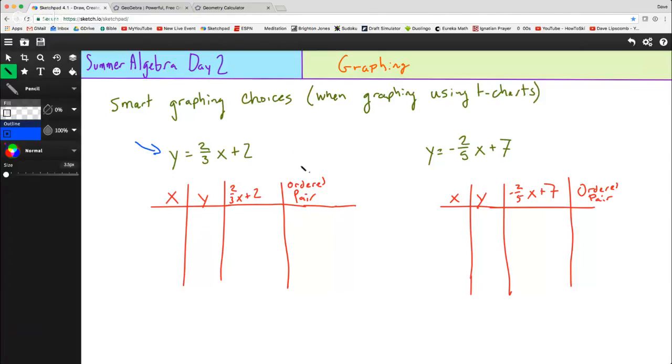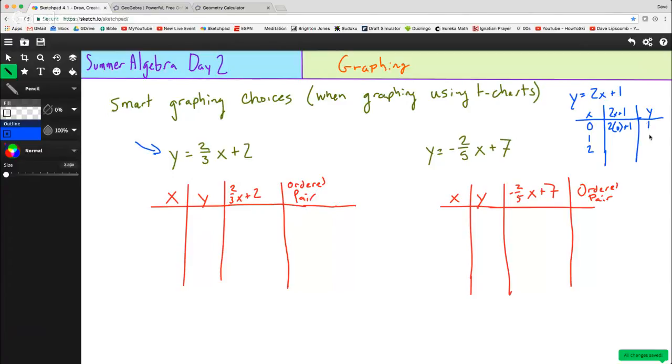In this case, we're not going to do the graphing. We're just going to generate some points. So let's do an easy one. Let's start with y equals 2x plus 1. We'll choose some points like 0, 1, and 2 for x. We'll plug them in, 2x plus 1. So 2 times 0 plus 1, and we'll get our y.